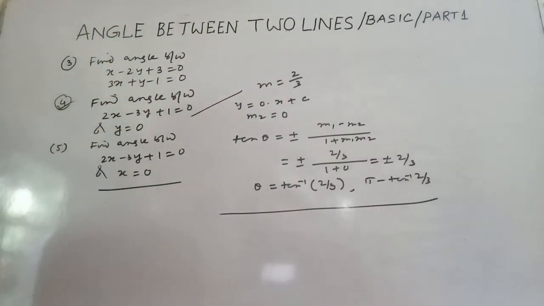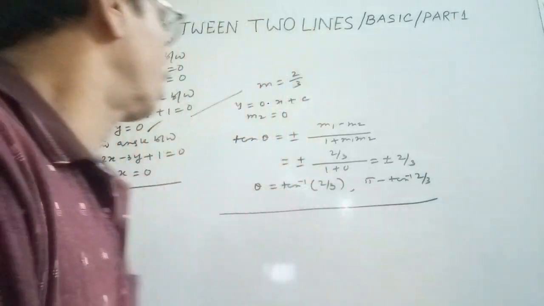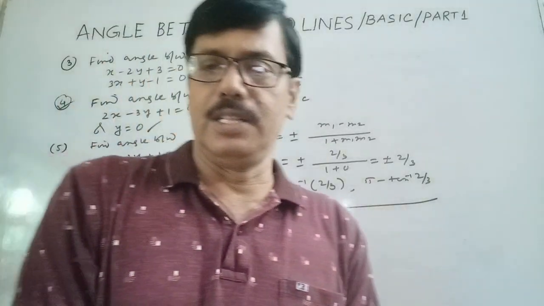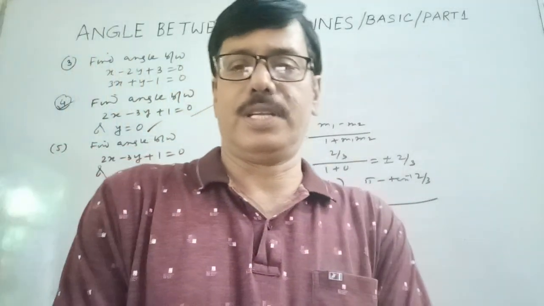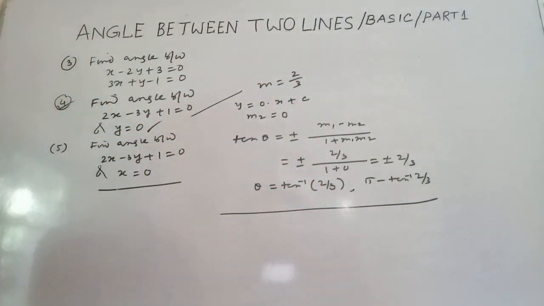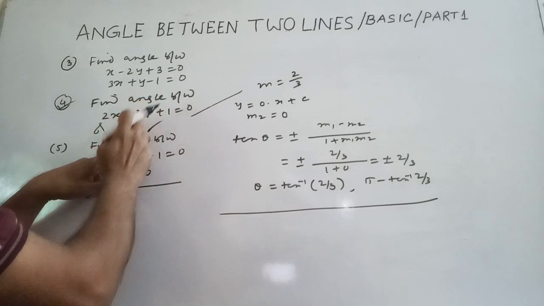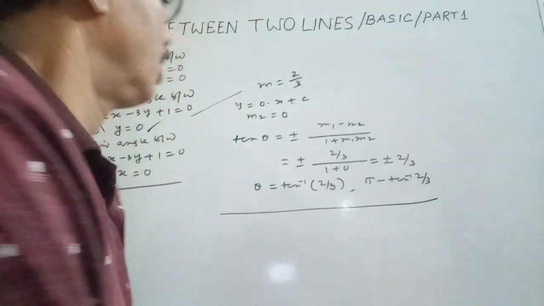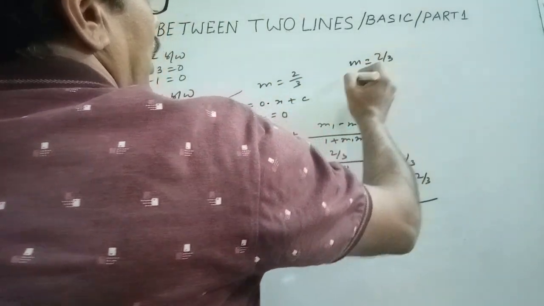Now look, if it is y equals 0, that is the x-axis. If one line is y equals 0 and another is any line, the angle between them is the angle of inclination. This is the angle made by the line and the x-axis. So what is m? m equals 2 by 3.